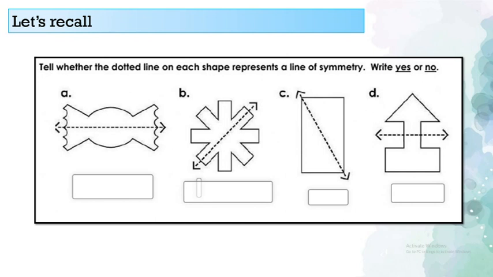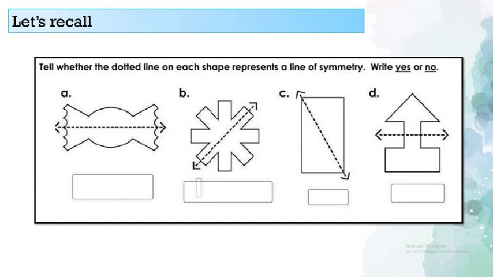Can it be divided equally? Yes, it has a line of symmetry. The last one. In that picture, is it a line of symmetry shape? Or can it be divided into two equal parts? No. In picture D, that is not a symmetric shape.